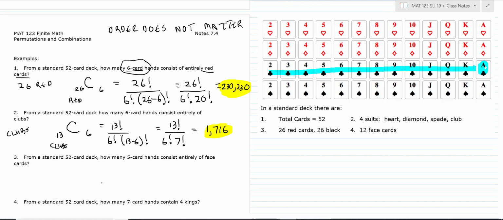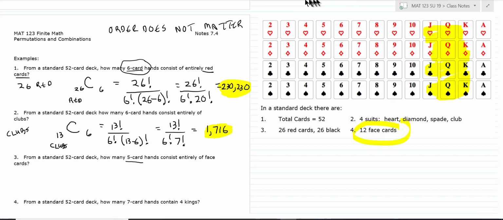And then the next example is from a 52 card deck, how many 5-card hands consist entirely of face cards? Okay, well, what you have to know on this is what the face cards are. So there are 12 face cards. The face cards are Jack, Queen, King, for each suit, those would be your 12 face cards.